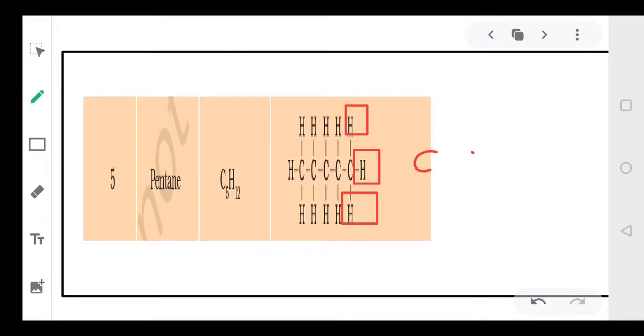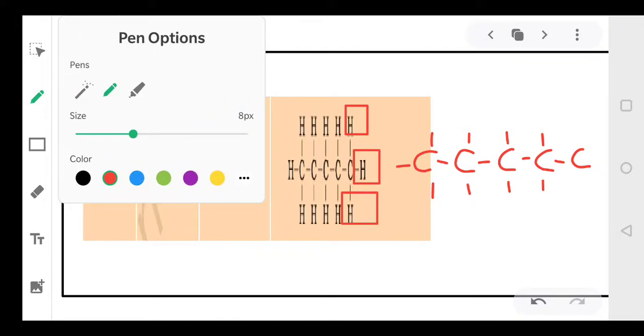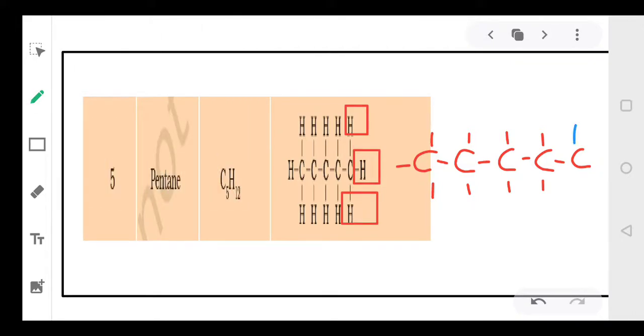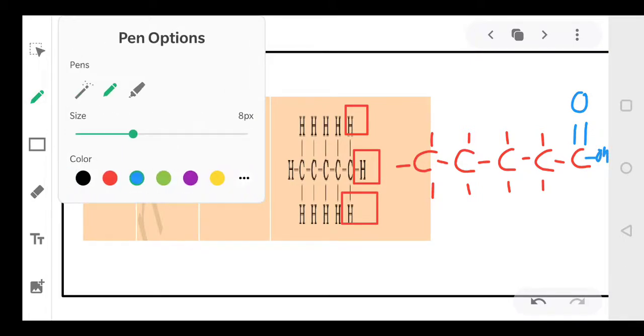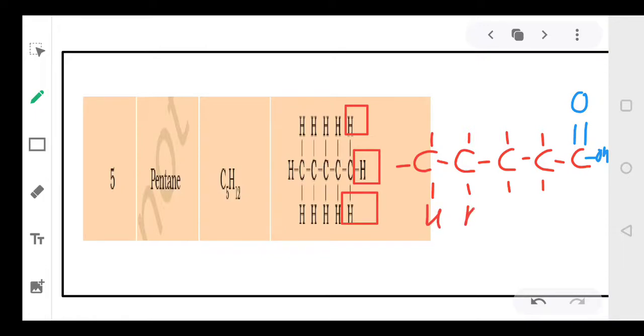So 1 2 3 4 5. So the rest will remain the same. We will have hydrogen everywhere, but in case of this oxygen carbon we will have double bond O and OH here, right? Rest will be the same, that is you will have hydrogen here.